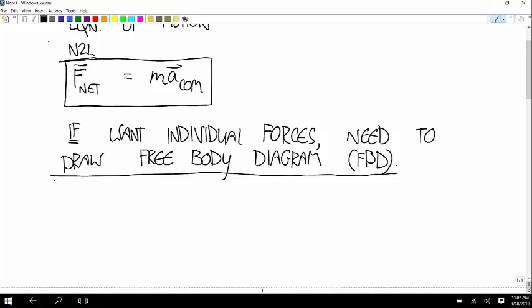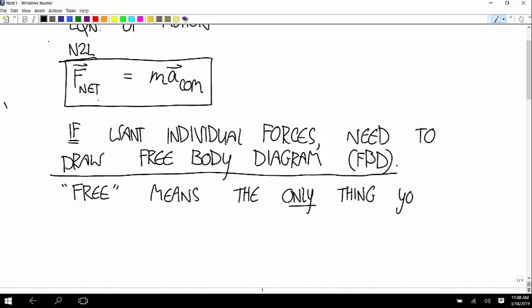So what is a free body diagram? The free in free body diagram means the only thing you're drawing is the chosen object.